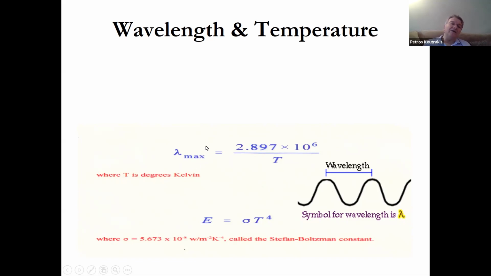So the lower the wavelength, the higher the frequency. Let's say we have an object that has a temperature of T in Kelvin. You can see from this equation that the higher the T, the hotter the body, the lower the wavelength. So that means that the spectrum is more energetic, okay? So when we heat an object, the energy shifts to the left. And when we cool an object, the spectrum shifts to the right.